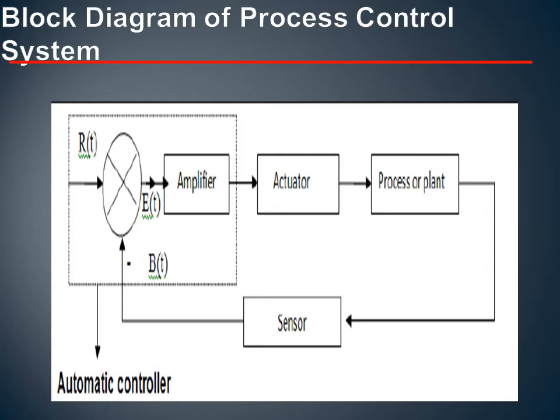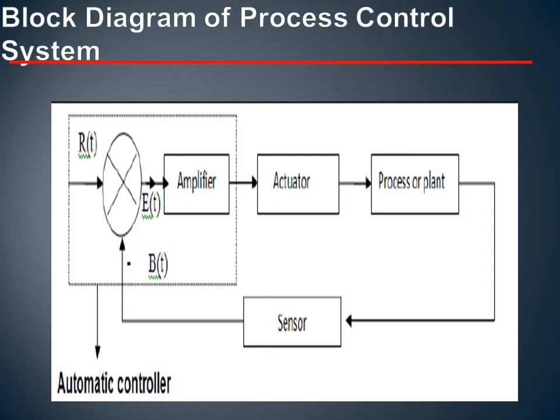You can see in the diagram the inputs to the error detector are R(t), the input signal, and B(t), the feedback signal. These are the two inputs to the error detector and its output is the error signal E(t), given by E(t) = R(t) ± B(t).